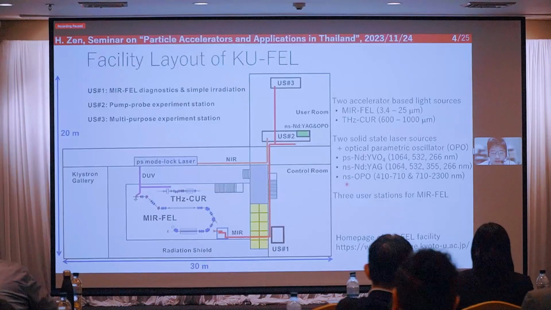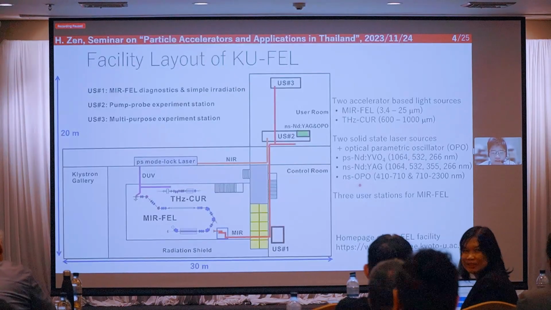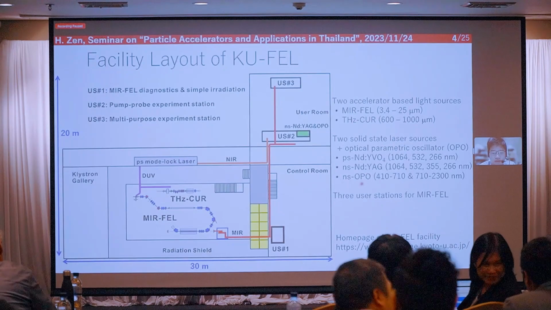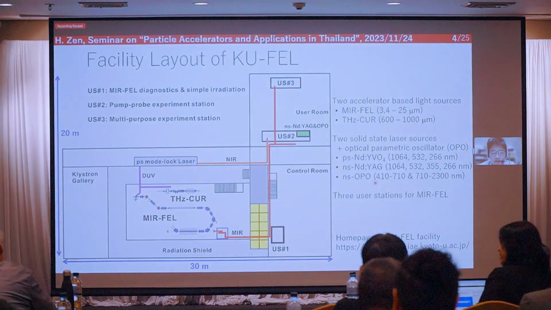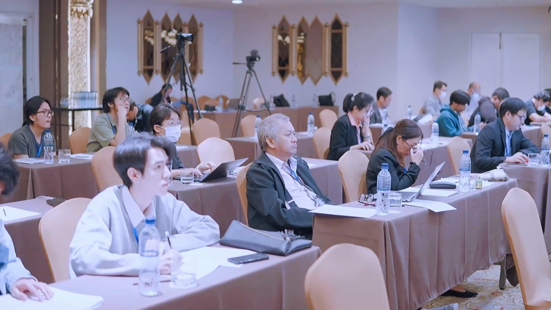That neodymium YAG laser can drive the nanosecond optical parametric oscillator, a wavelength tunable source, and it covers the wavelength range from 410 to 710 and 710 to 2300.